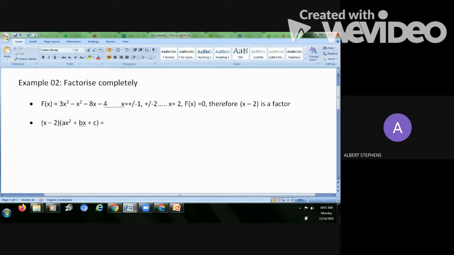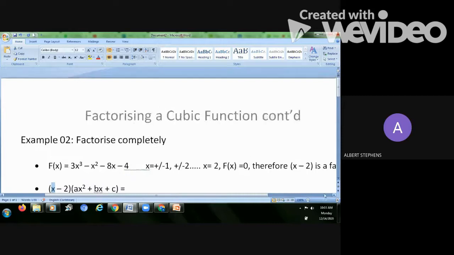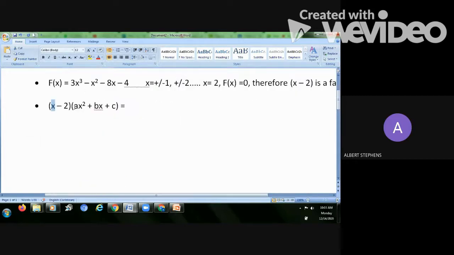So we're going to multiply x times everything in here, and then we're going to multiply negative 2 times everything in here. So watch carefully now. x times all of this means I'm going to have an x cube here, an x square right there, so I put that x right beside the c.